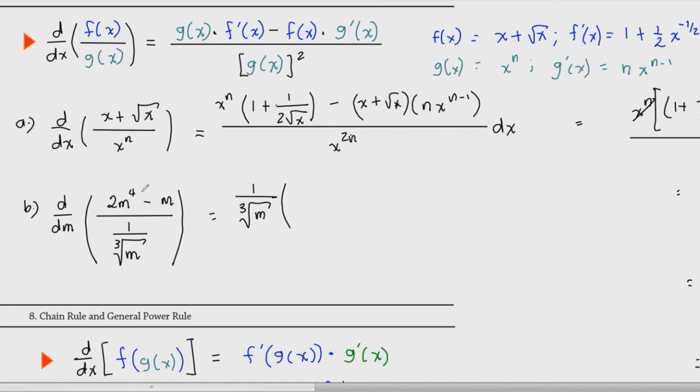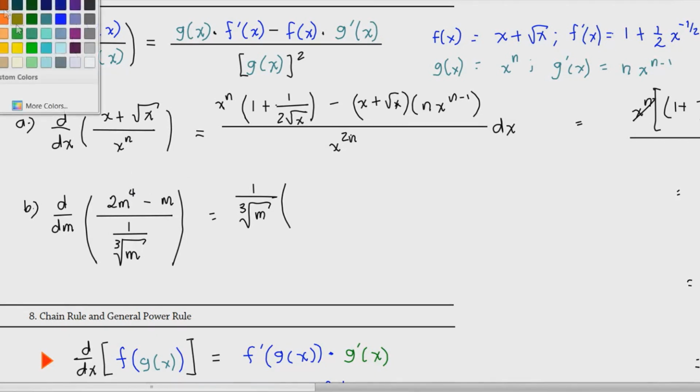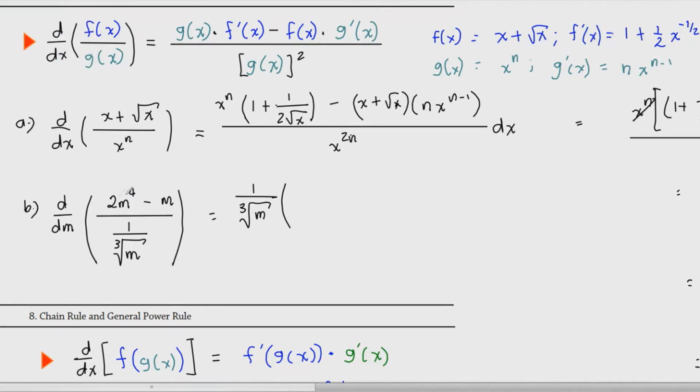So if I take the derivative of that, let me just use another color. In this case, for 2m to the 4th, when you find the derivative, you'll get 2 times 4m cubed based on the constant and power rule. So I have here 8m cubed. I just directly obtain the derivative for that.